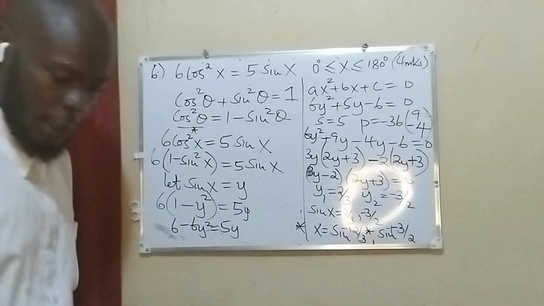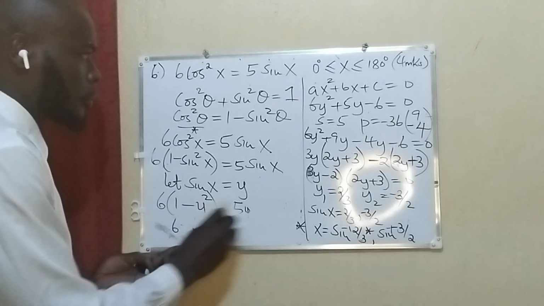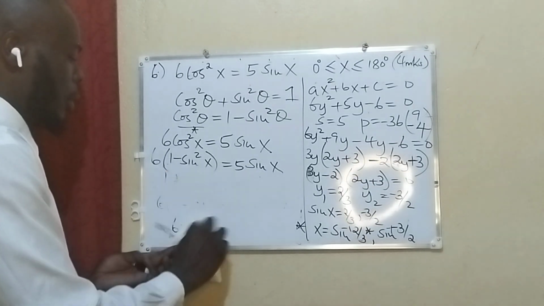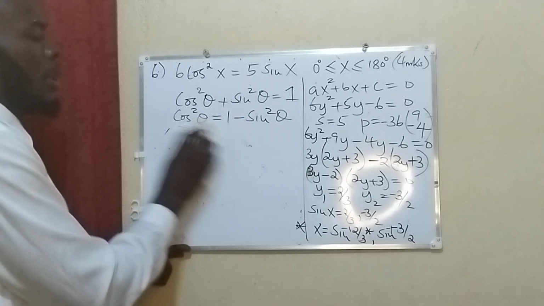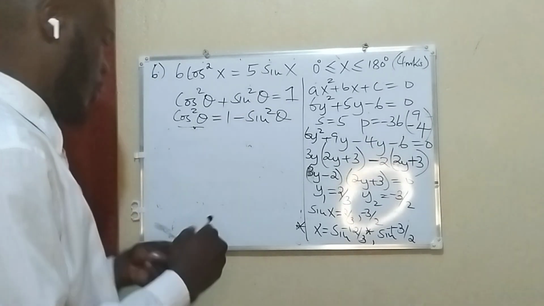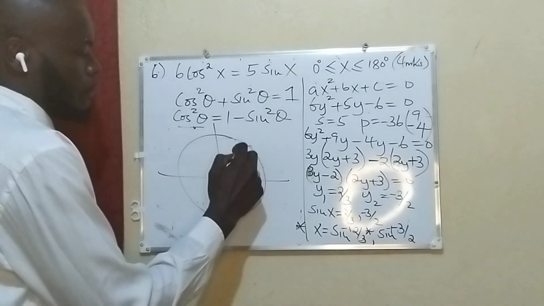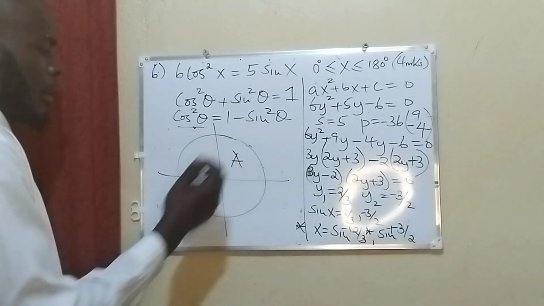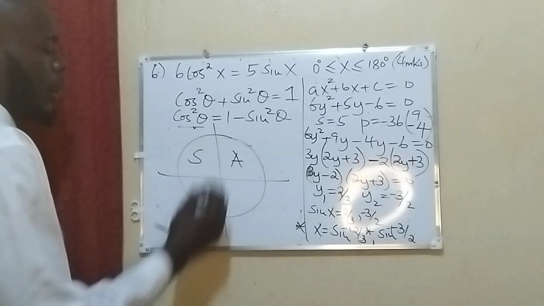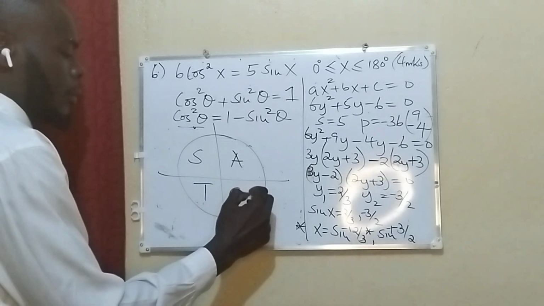After finding those angles, you will come and look at the quadrants. Usually in the first quadrant, all ratios are positive. Then here you only have sine, here you have tan, and here you have cos.